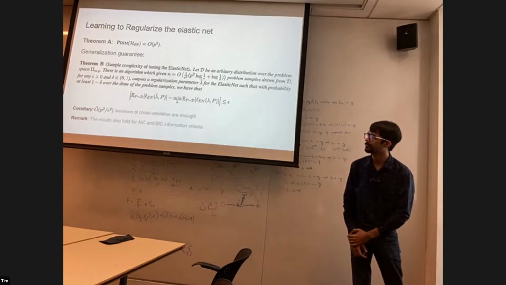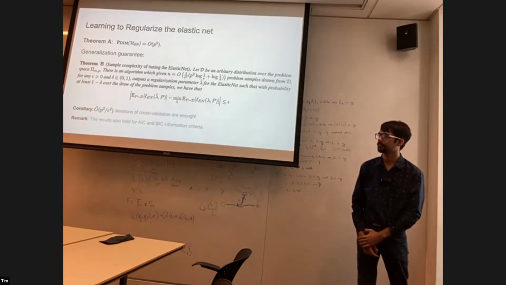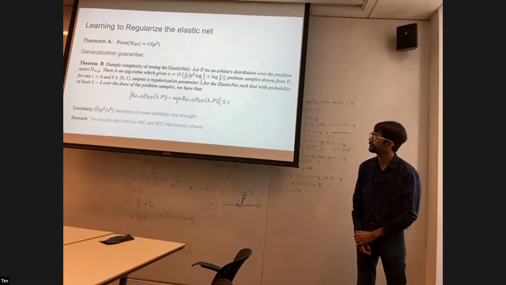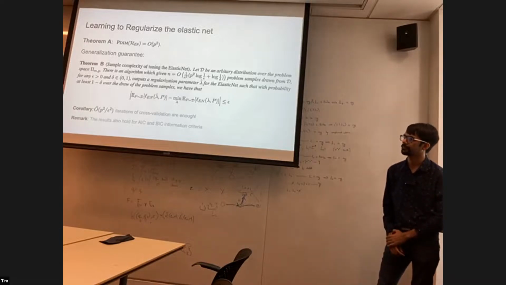Question on the corollary about cross-validation. Maybe I'm not understanding something. It seems like this is saying that your regularization parameter would do well on the cross-validation task, but not on the main task you actually care about, of performing well on the big data set.